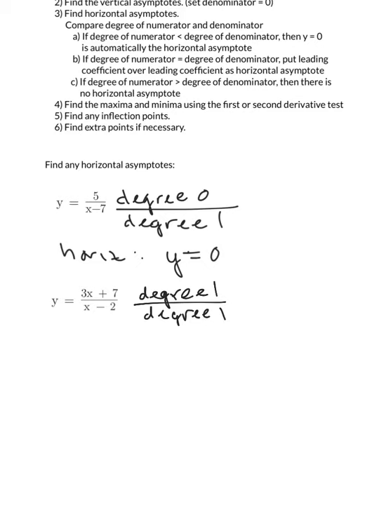The leading coefficient means the coefficient of the highest power of x. The only power of x we have is x to the first, so the leading coefficients are 3 and 1. So your horizontal asymptote is y equals leading coefficient over leading coefficient, which is just 3.